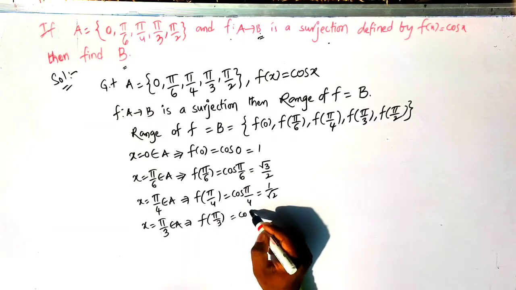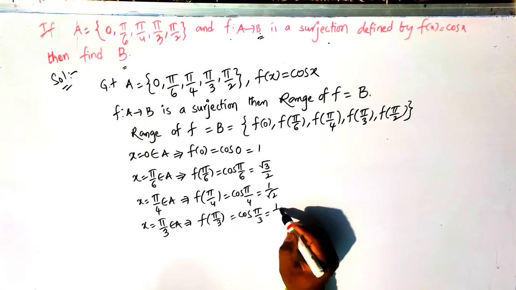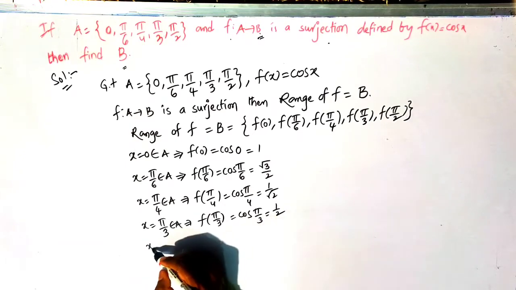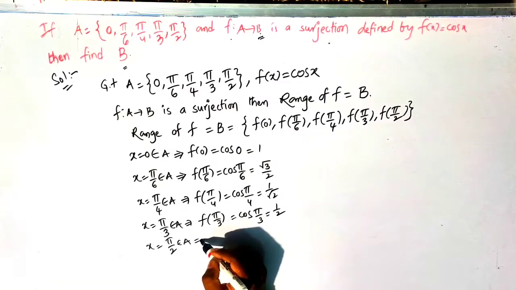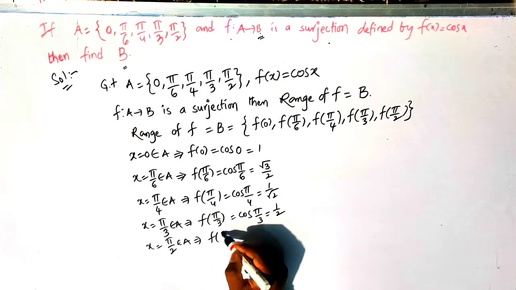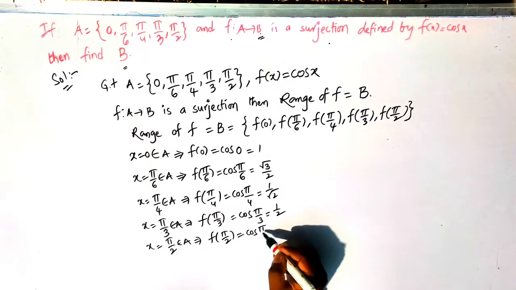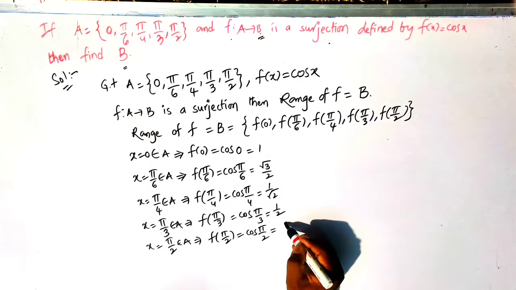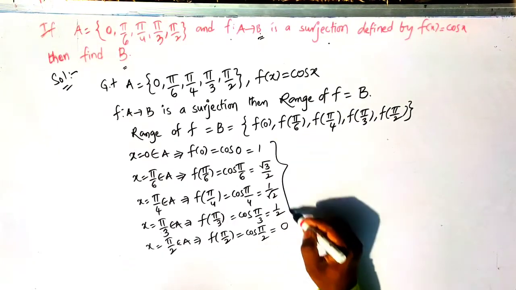So what do we get here? Cos pi by 3, cos 60, 1 by 2. So x equals pi by 2 belongs to A. That implies f of pi by 2 is cos pi by 2, nothing but cos 90, which is 0. Clear. So these are all f images.